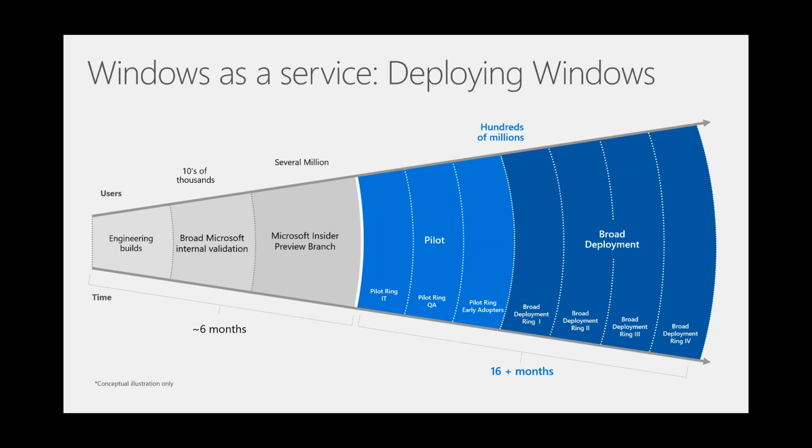It might take half hour, 45 minutes, hour, maybe more, depending on the system, SSD drives versus non-SSD drives. There's a lot of factors, right? So you want to make sure that change communication is solid. So when you get into that broad deployment, you minimize the cost of the help desk because you communicated everything that user needs to know about that build, the new features, the reboots, the length of time, anything like that.